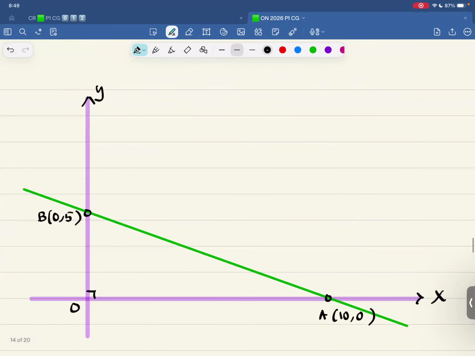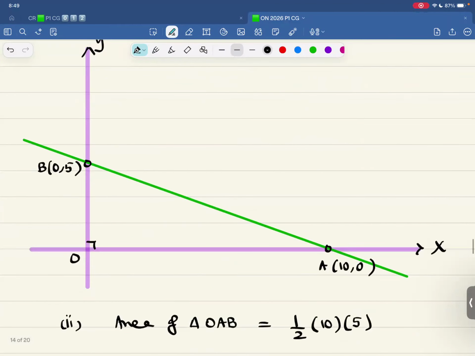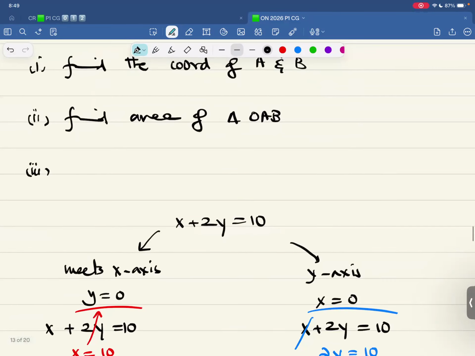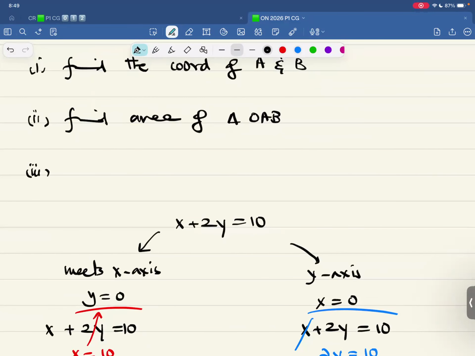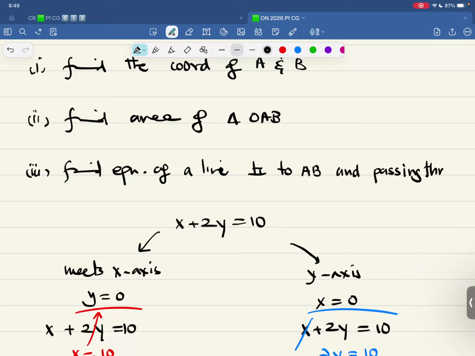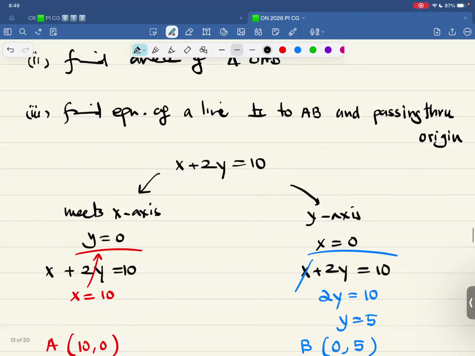Now let me talk about something else. The third part: find the equation of a line perpendicular to AB and passing through the origin. So let me draw a strip over here.